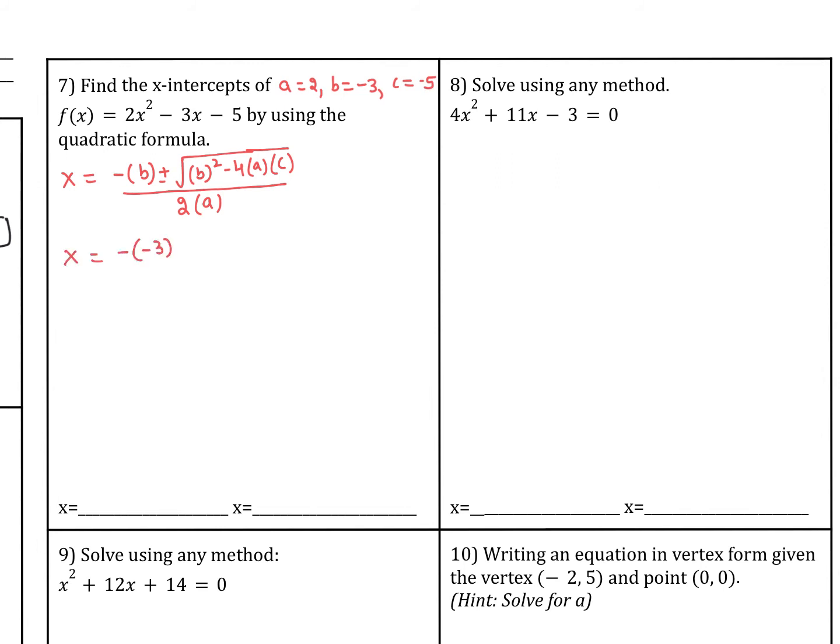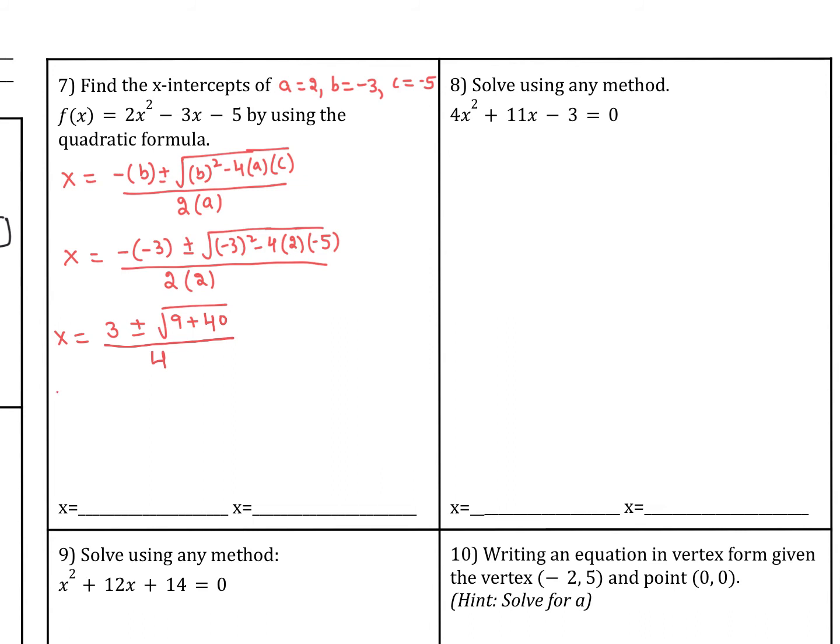What you get here is negative of negative 3, plus or minus the square root of negative 3 squared minus 4 times 2 times negative 5, divided by 2 times 2. Then that's going to be x equals 3 plus or minus the square root of 9 plus 4 times 2 is 8, 8 times 5 is 40, so 9 plus 40, divided by 4.